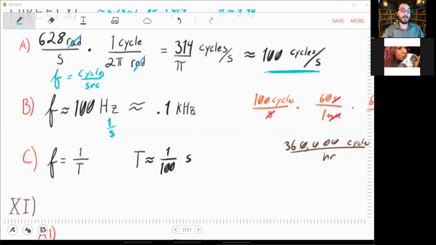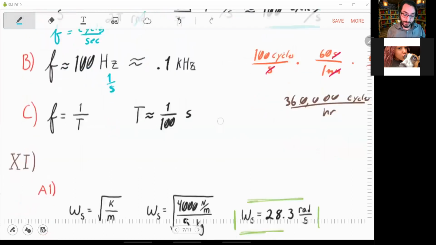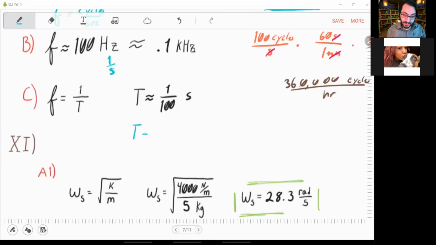There really isn't anything too crazy there. But are we okay with that? Remember that standard frequency is cycles per second. Period, however, is seconds per cycle. And so all we have to do is invert our frequency to get our period.